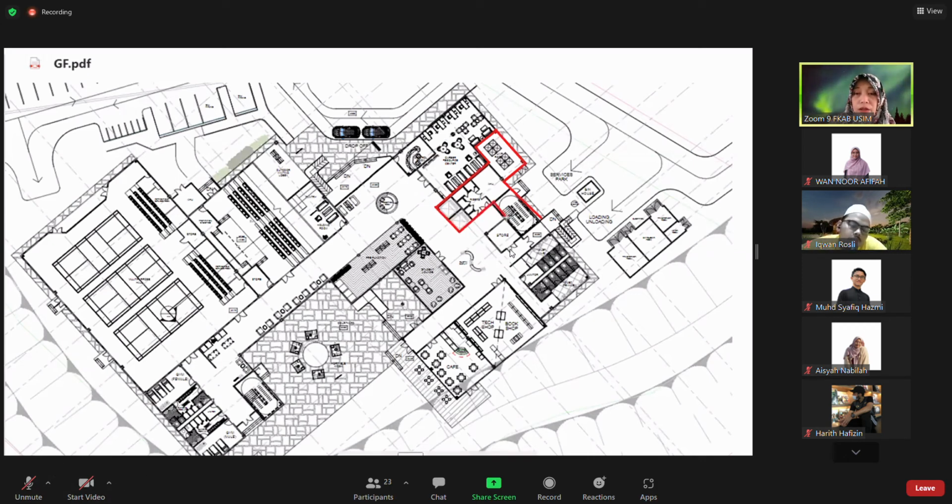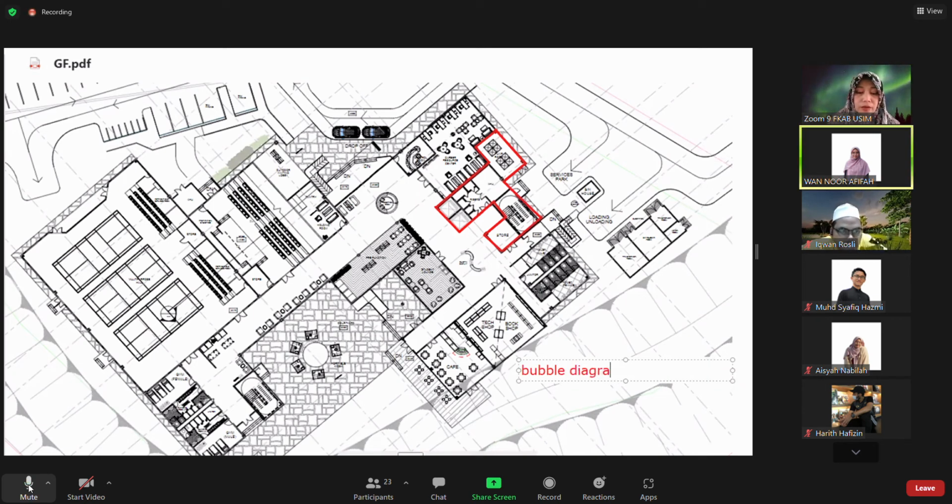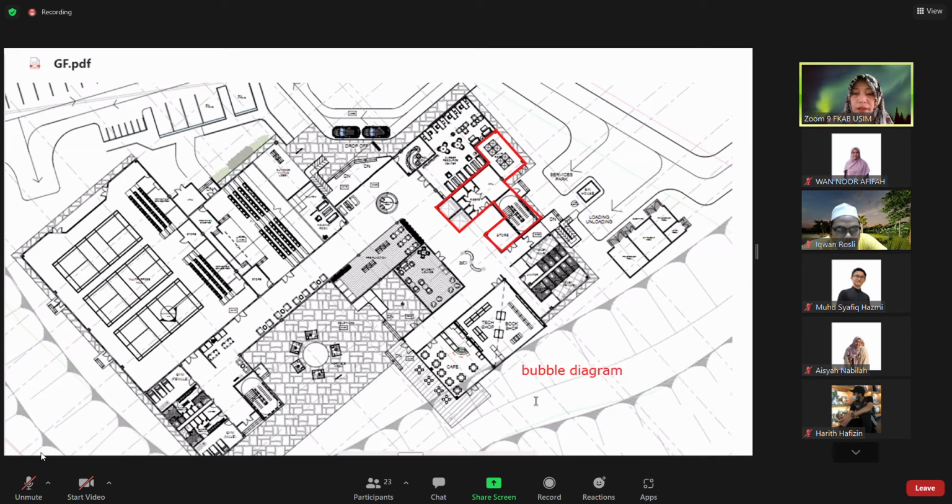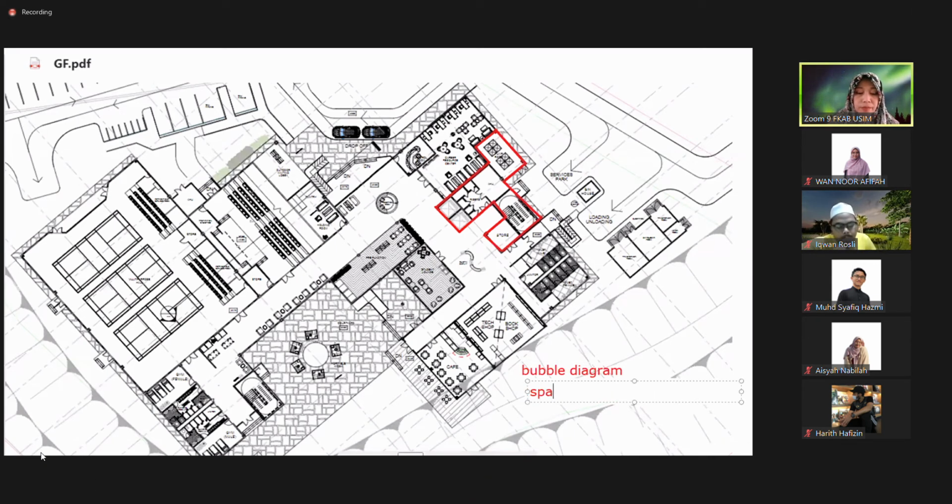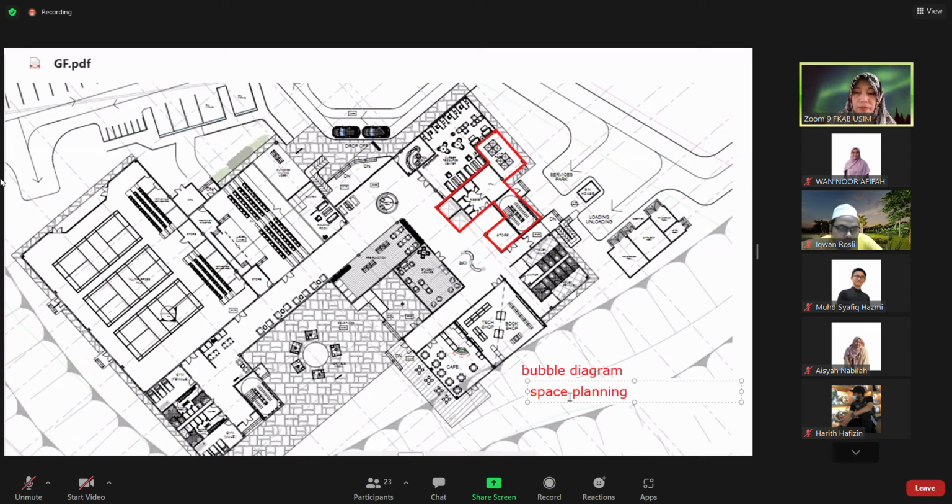You need to do what you should do first. What you should do first? You must provide a bubble diagram. After you put the bubble diagram, you have to indicate space planning.